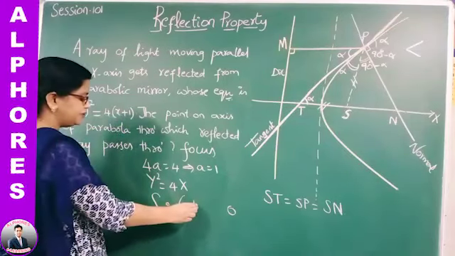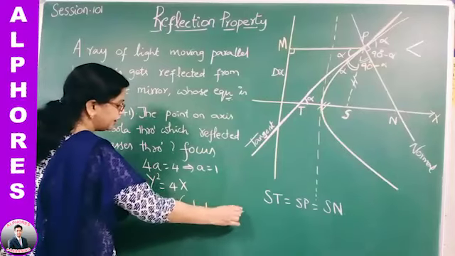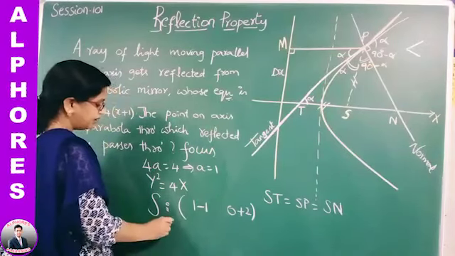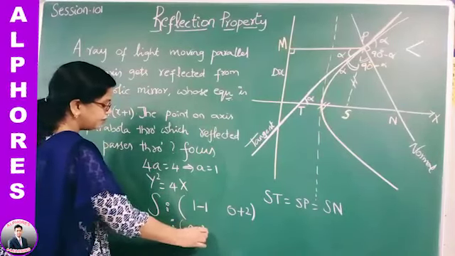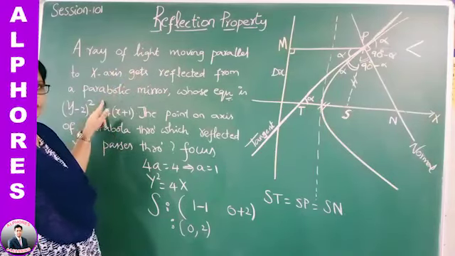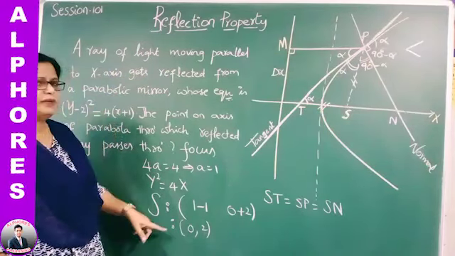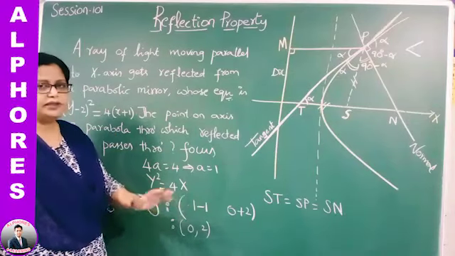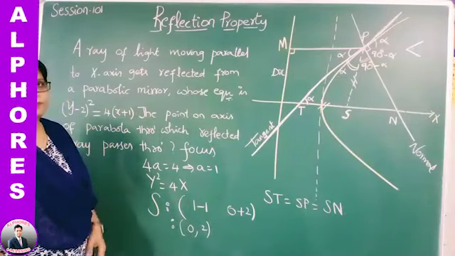Therefore just add -1 and +2. Therefore what is our focus here? (0, 2). Therefore whenever the incident ray is moving parallel to the axis of the parabola and gets reflected by the parabolic mirror, the reflected ray is passing through the focus, which is nothing but (0, 2).